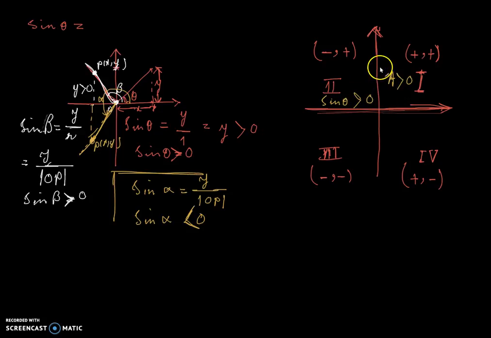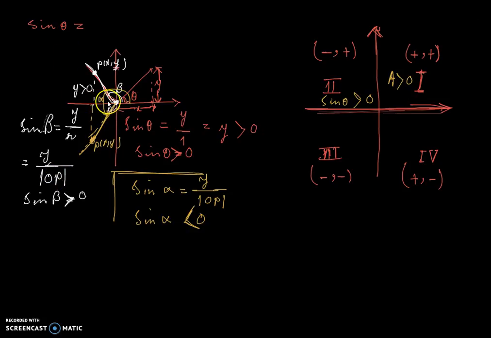In the second quadrant, your y values are positive, the x's are negative. As an example, we already investigated sine in the second quadrant, and sine was positive. But for example, if you had an angle over here and you were to find cos of beta, cos beta would be x divided by r, or x divided by OP.